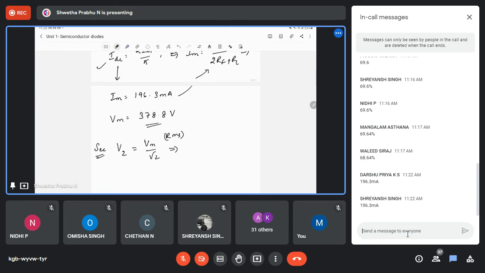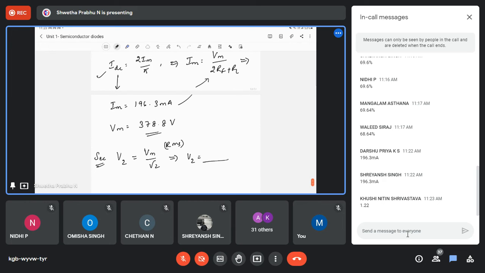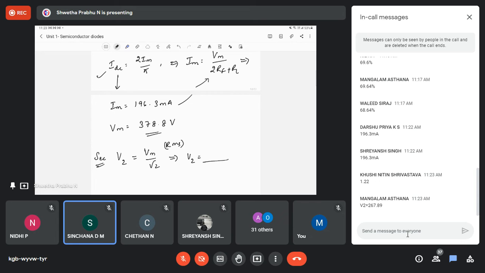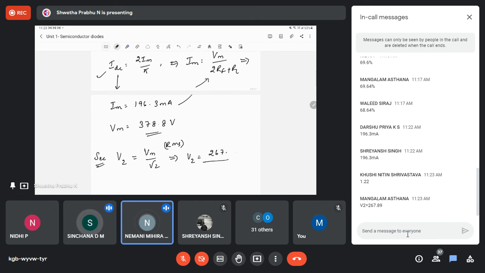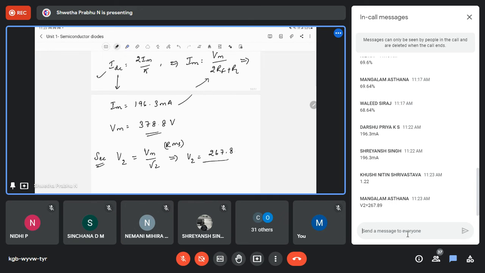Use this relation, find the secondary voltage V2. 267.8. How much? 267.8 volts, ma'am.